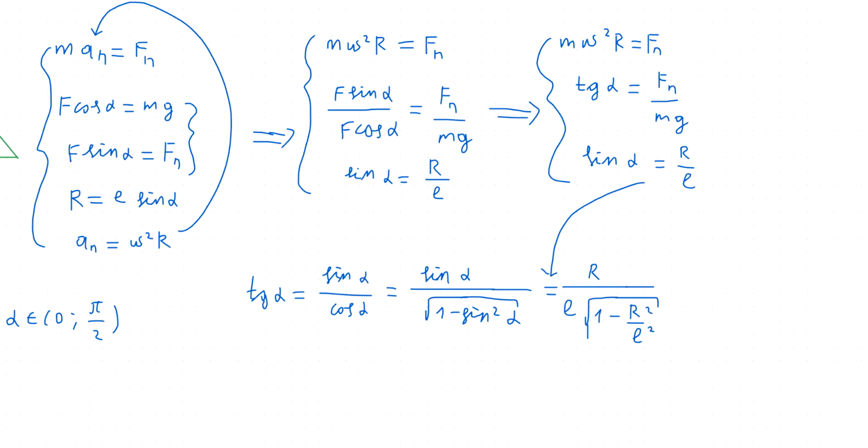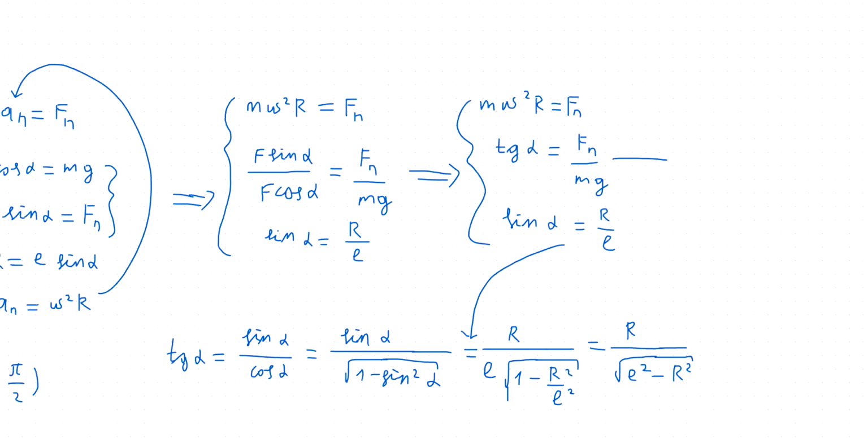We can simplify this expression, and we will have r divided by the square root of L to the power of 2 minus R to the power of 2. So this is tangent alpha.